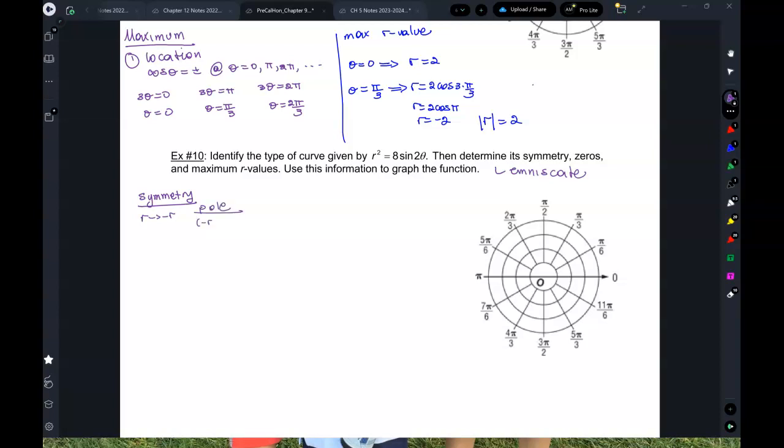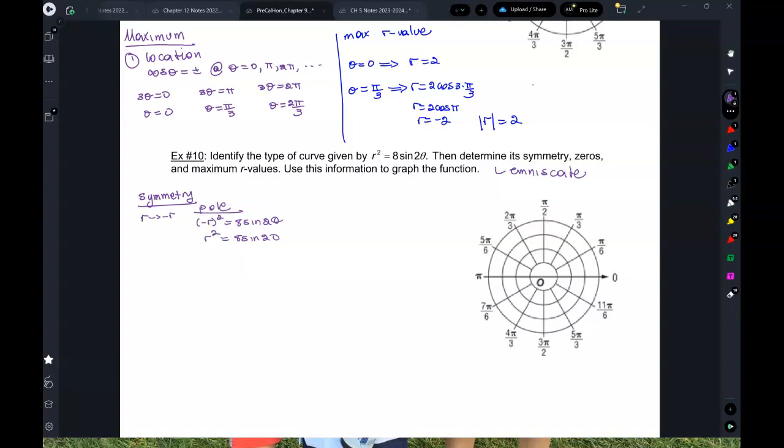So negative r squared is equal to 8 sine 2 theta, which means r squared is equal to 8 sine 2 theta. So this is symmetric around the pole. It looks like something in the Cartesian coordinates that would be symmetric around the origin.